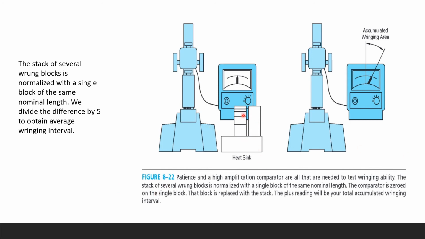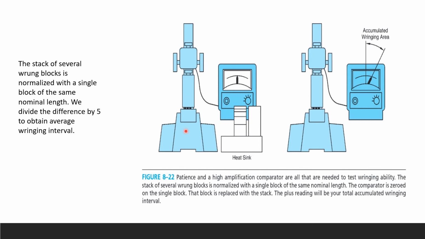So here you can see, this is just trying to show you about the heat sink, because every time you stack the blocks together, sometimes there's a heat effect from your hand, okay? So a patient and a high-amplification comparator, this is called a comparator, is all that we need to test ringing ability. We're just trying to see the ability of your blocks to adhere to each other. So the stack of several random blocks is normalized with a single block of the same nominal length.